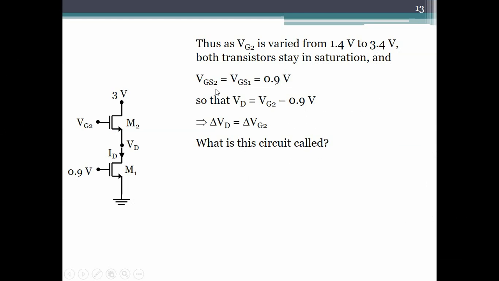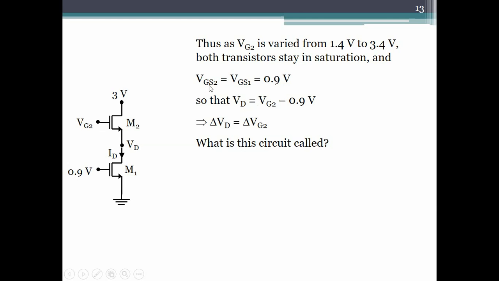Okay, so I'm drawing another conclusion. As long as Vg2 is in this range, 1.4 to 3.4 volts, we say that both transistors are in saturation, and as we vary Vg, VGS2 and VGS1 will both be equal to 0.9 volts.